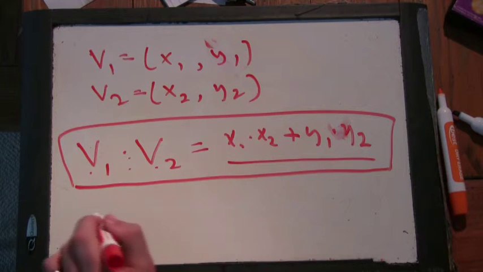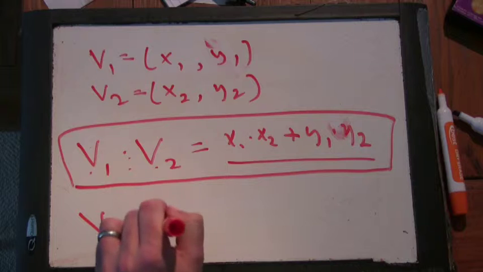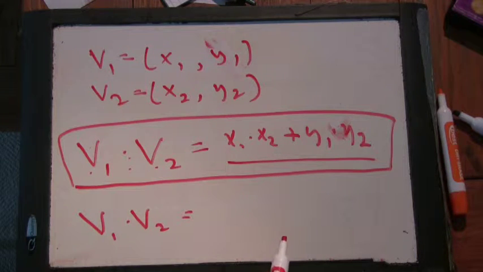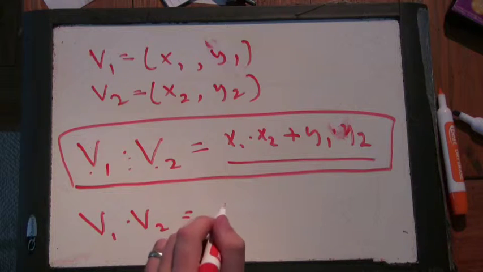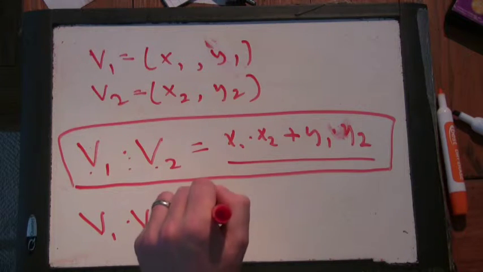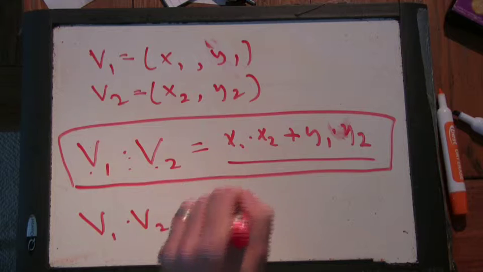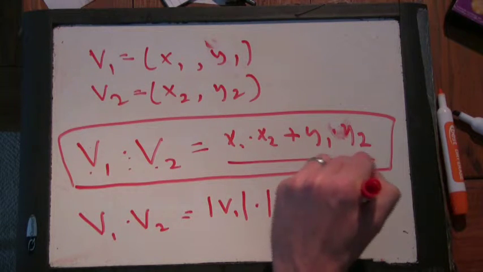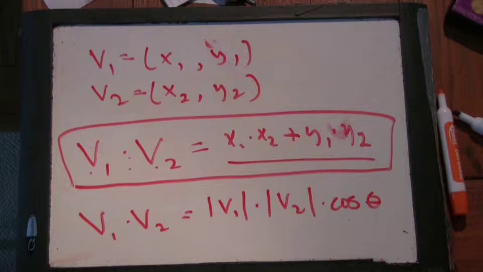That this operation, v1 dot v2, is, ready for this? The magnitude of v1, the length of v1, times the length of v2, times cosine of the angle between them. Okay.